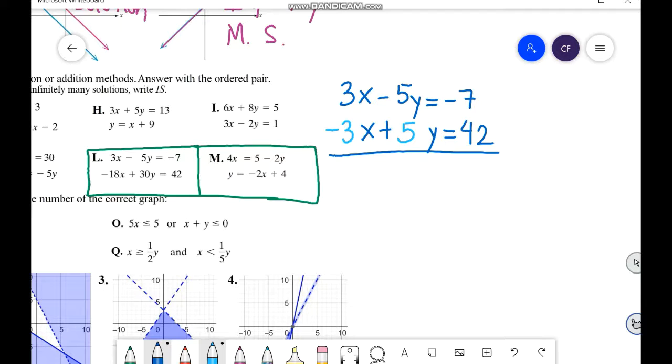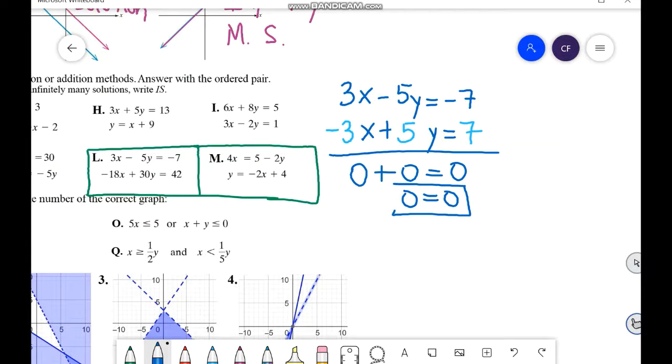And 42 divided by 6 is 7. Okay? So I divided every term of the second equation by 6. Now we can add: 3x minus 3x is 0, -5y plus 5y is 0, equals -7 plus 7 is 0. 0 equals 0.